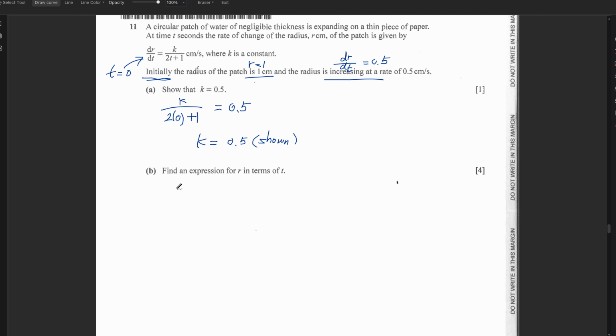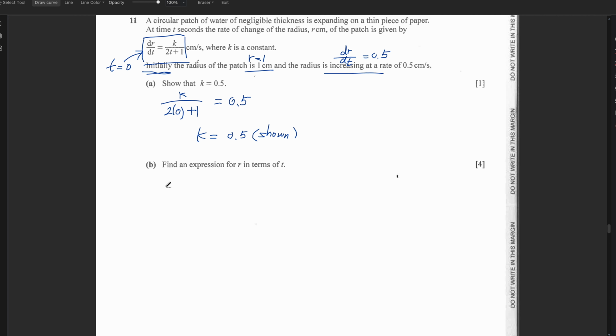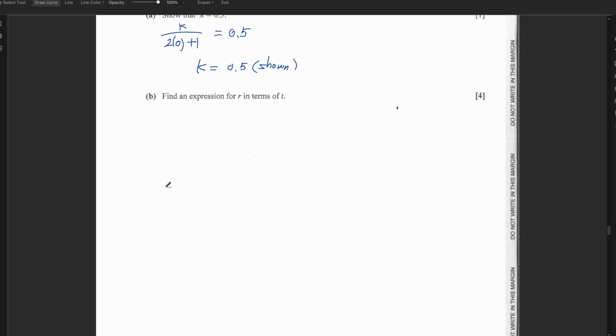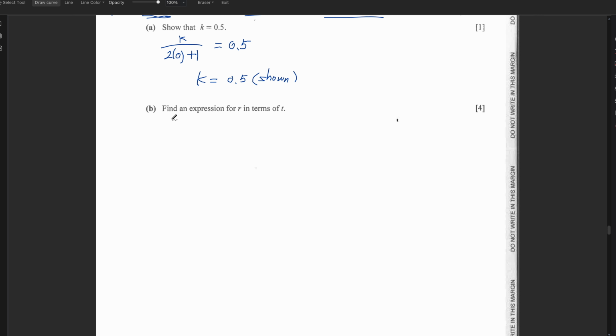B. Find an expression for r in terms of t, which means, this is the first derivative of r with respect to t. Therefore, to find r in terms of t, we are going to integrate this. r(t) is the integral of 0.5 divided by (2t plus 1) dt.